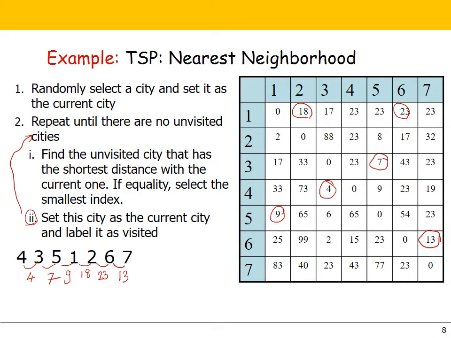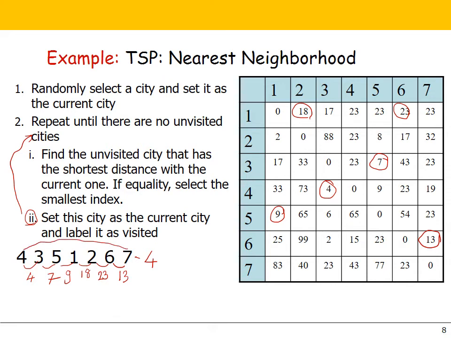Sometimes students make a mistake at this point. This is a tour, which means that from this last city you need to return back to 4. Sometimes they stop at this point, but sometimes, in order to represent that we are returning back to the initial city, they write the initial city to the end as well. Or sometimes you don't write it, but basically you show it like this.